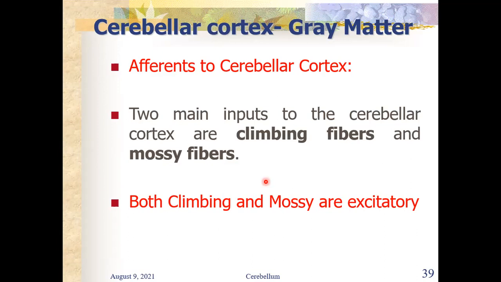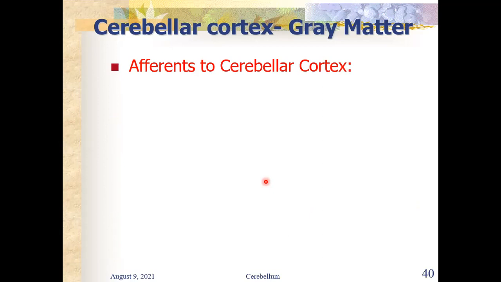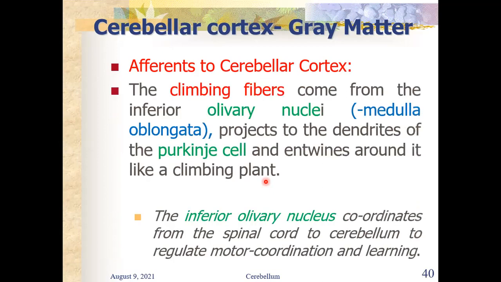I've told you where the climbing and mossy fibers come in from. Both mossy and climbing fibers are excitatory. The climbing fibers come from the inferior olivary nucleus in the medulla, and they project to the dendrites of the Purkinje cells. Before they move to the Purkinje cells to make synapses, they have already sent collaterals to the deep cerebellar nuclei.